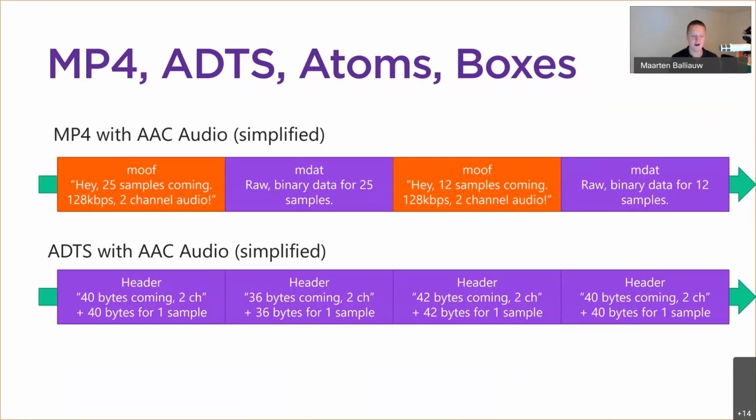Then another header with, again, a specification of the sample that would be coming, the type of audio that I could extract from it and use to decode everything, and then get that going. So it's essentially repackaging everything. All the data is in the MP4 with AAC, but for ADTS, I would essentially have to combine that header block and that data block, extract the samples, and then stream all of them one by one.